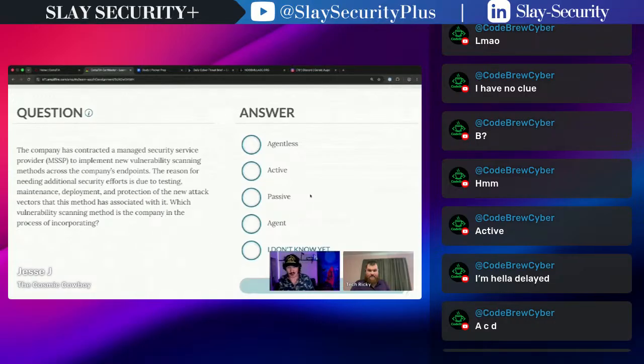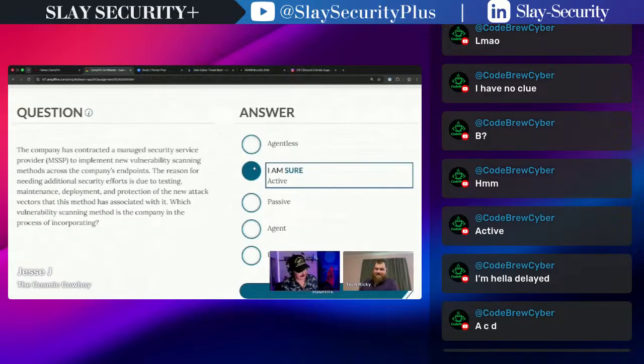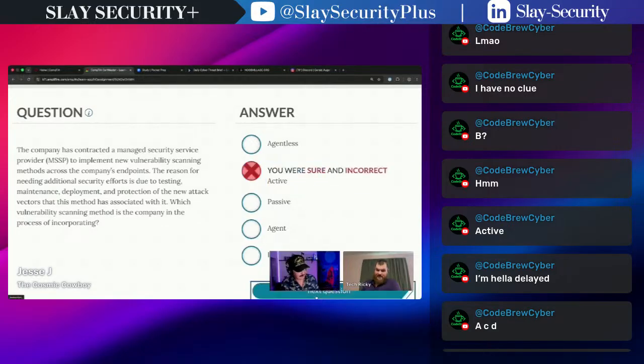We had this one before, remember? I don't remember what I said before, so I'm going to let you take this one. Is it active? I don't know the definitions well enough. I'm just going to be guessing at this point.